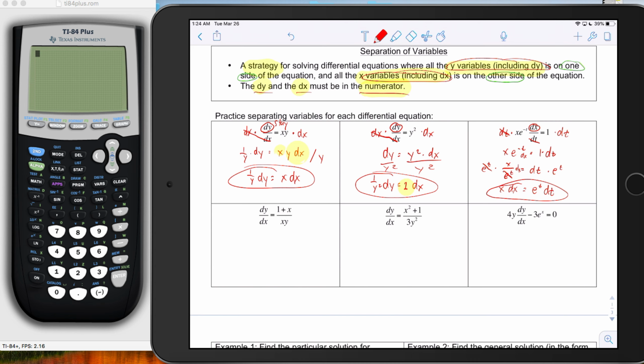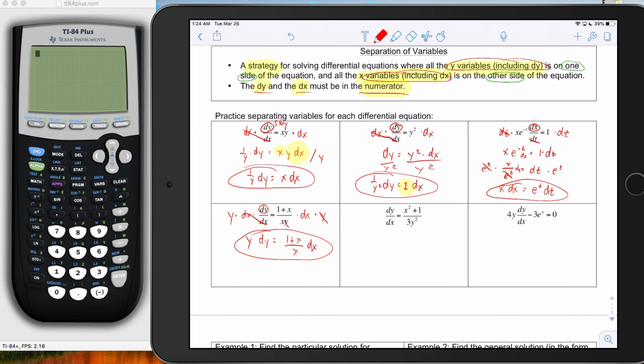Set. Next one here, we got dy is going to stay, multiply by dx. I'm going to do something daring here, because I know these two are going to cancel out. I know I need to kick out the y, so I'm going to multiply by y at the same time, so that this y and that y can cancel. So then I'm left with y dy is equal to 1 plus x over x dx, and we're set.